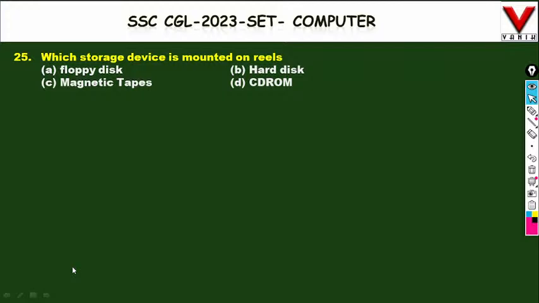Floppy disk is a magnetic storage medium, a randomly accessed device. It is not mounted on rails. Hard disk is a magnetic storage device, also a randomly retrieved device. CD-ROM is a compact disk read only memory, it helps us to open CD data.